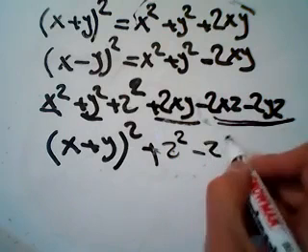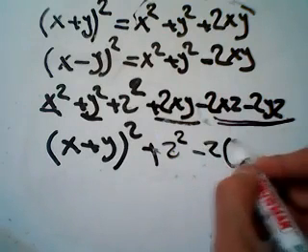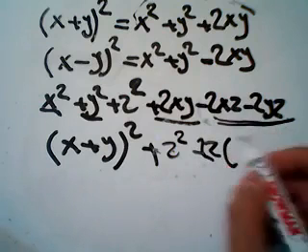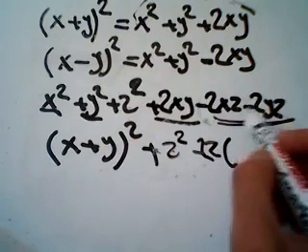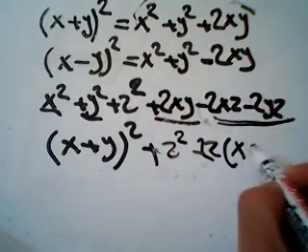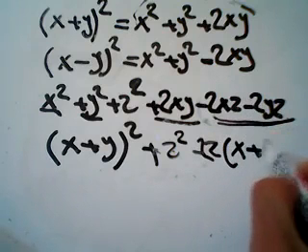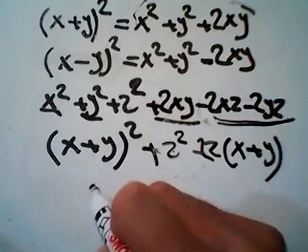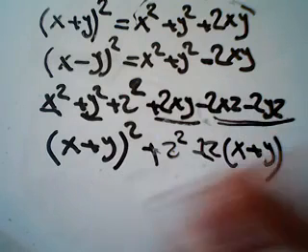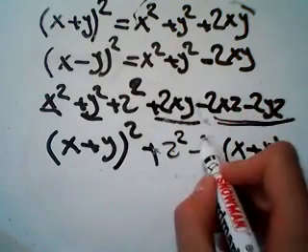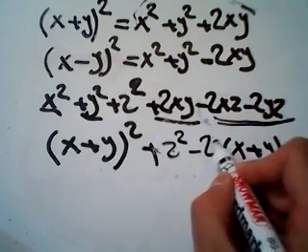Write it as minus z times, or minus 2z times, their common term, which would be x plus y. Okay, now things became interesting.